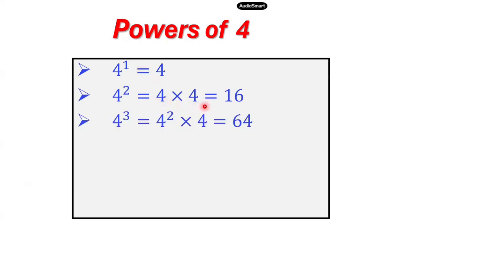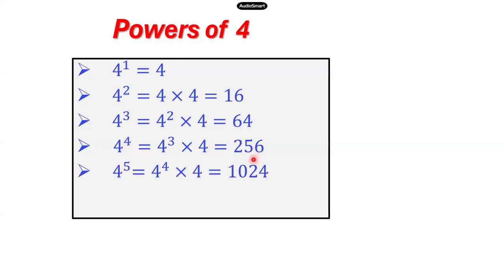Next, we are going to discuss the powers of 4. 4 to the power 1 is equal to 4. 4 to the power 2 is 4 multiplied by 4, which is 16. 4 to the power 3 is 16 multiplied by 4, so it will be 64. 4 to the power 4 will be 64 multiplied by 4, which is 256.